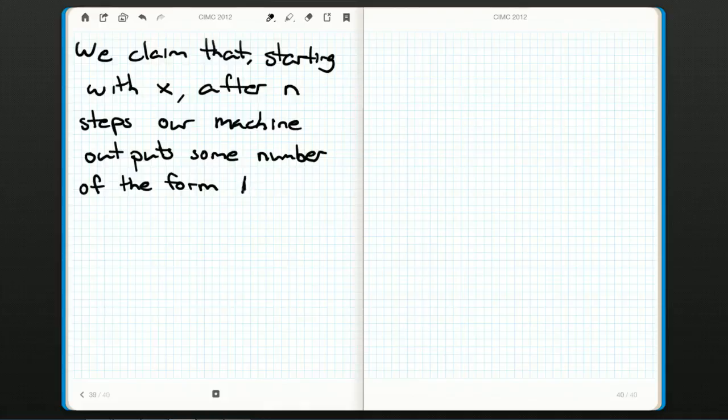Let's just say some integer k plus or minus, and what do we have after n steps?